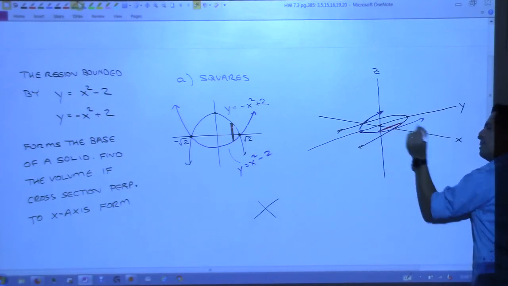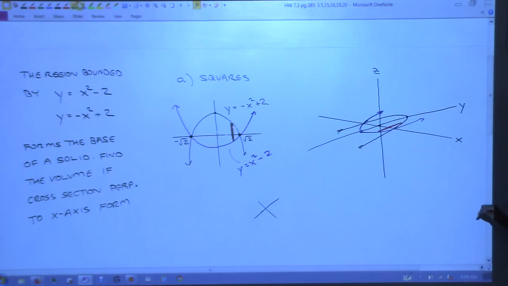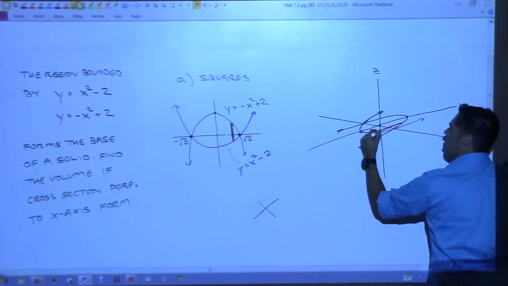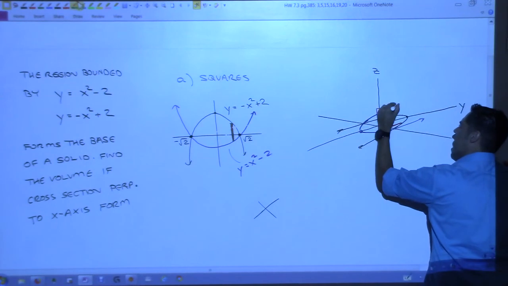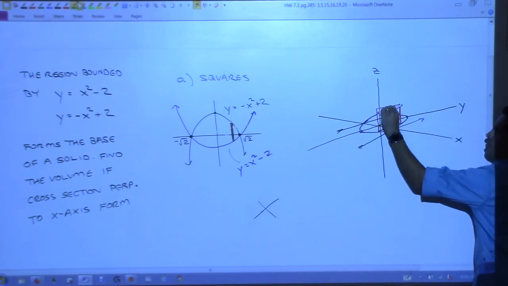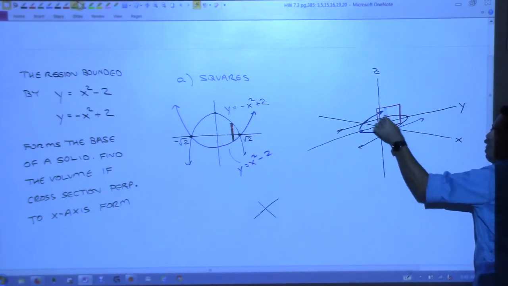There's my cut. And doesn't that form one of the sides of a square? That's what it says. My cross-section is supposed to come through here and form a square. So if I imagine going up the same distance and over the same distance and down, I would get my square. Notice how these two lines are parallel, and then these two lines are parallel. Those are vertical.